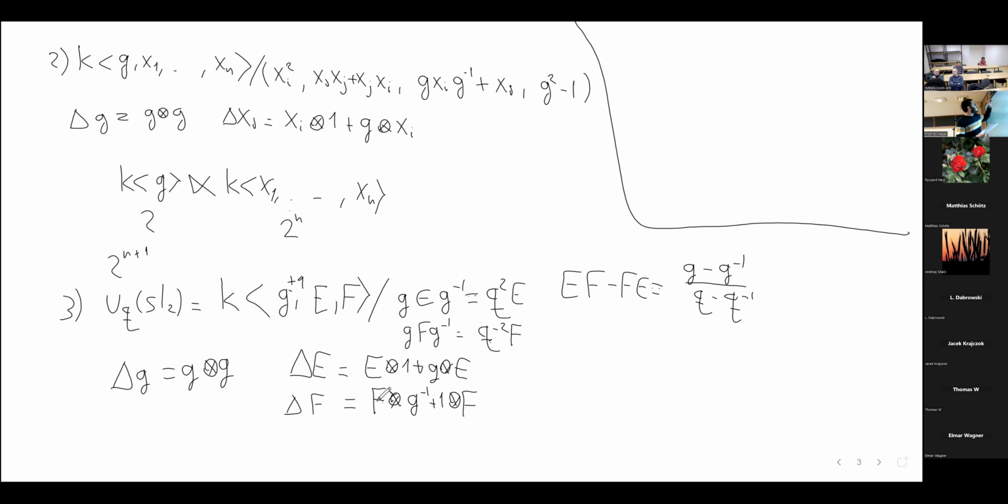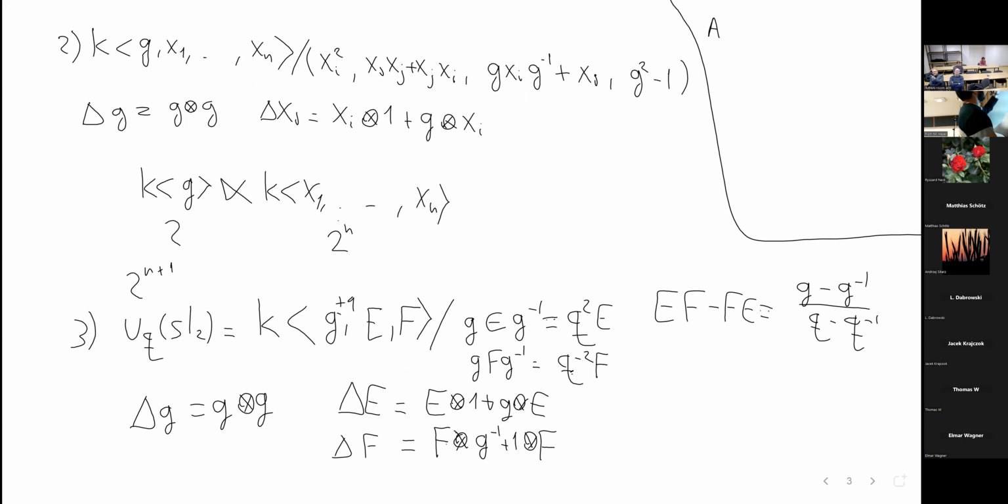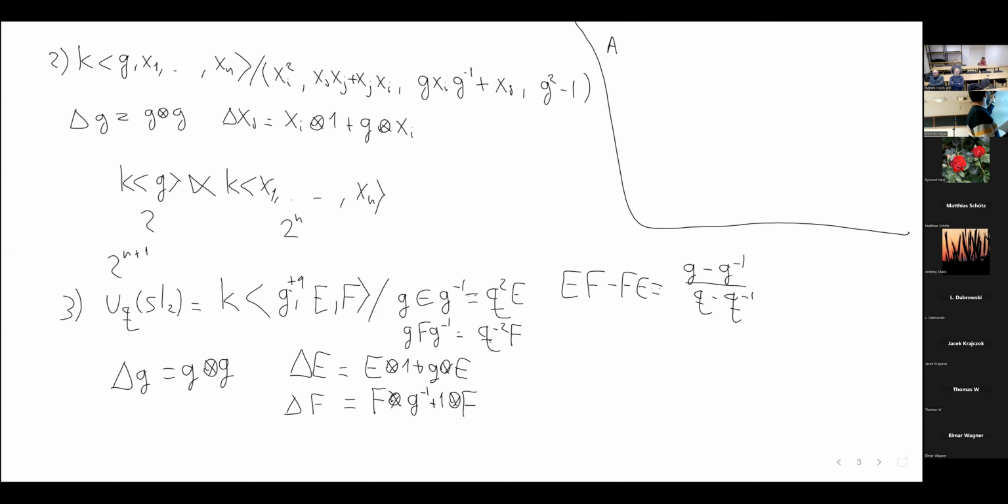All three examples are pointed, which means that every simple co-module is one dimensional.